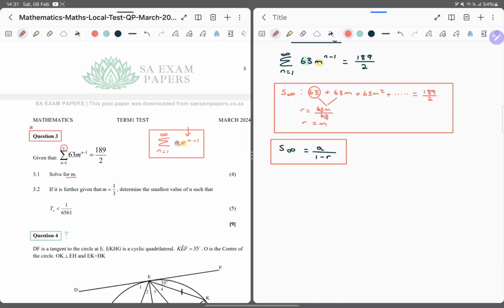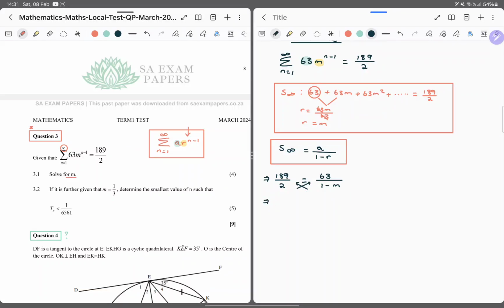We need to show the formula. Then we imply the sum to infinity is 189 over 2, which is going to be equal to the first term, 63, all divided by 1 minus m, isn't it? Cross multiply.